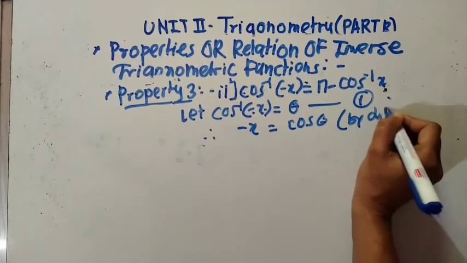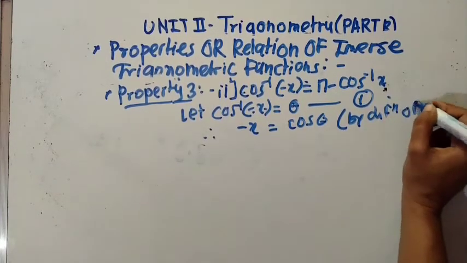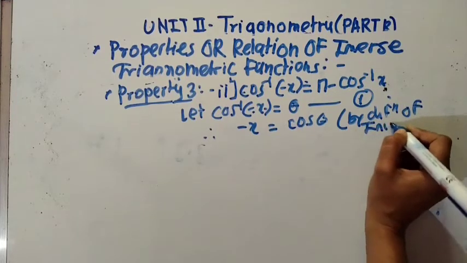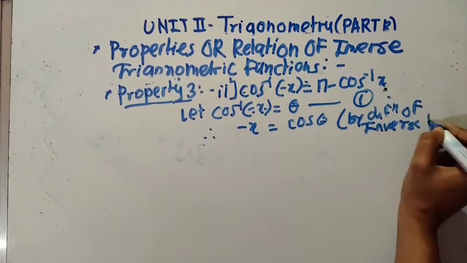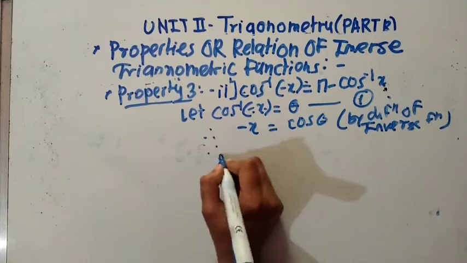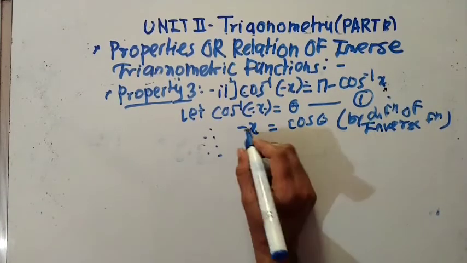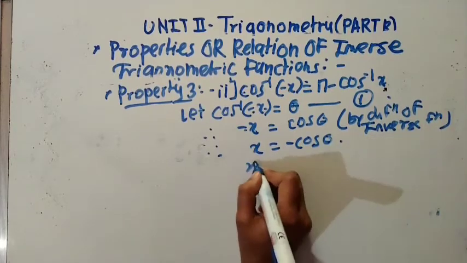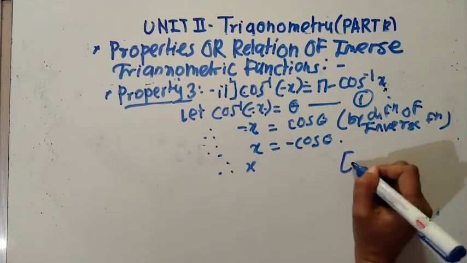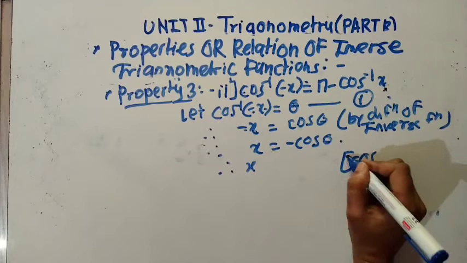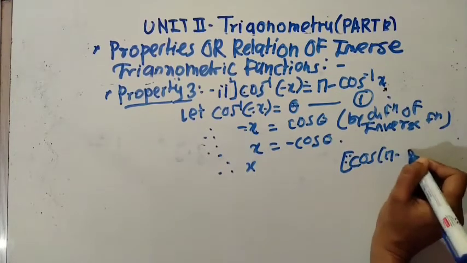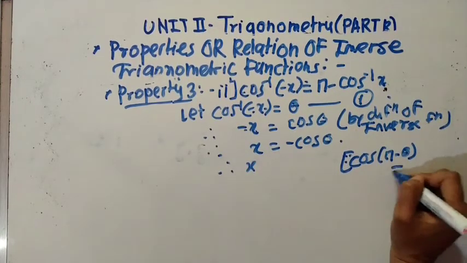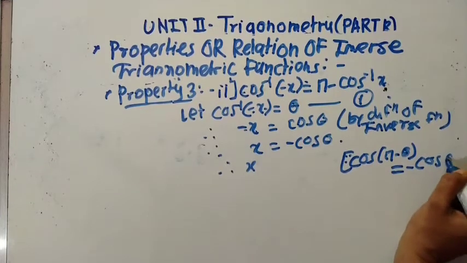because by definition of inverse function, then x is equal to minus cos theta. But we know that cos of pi minus theta is equal to minus cos theta.